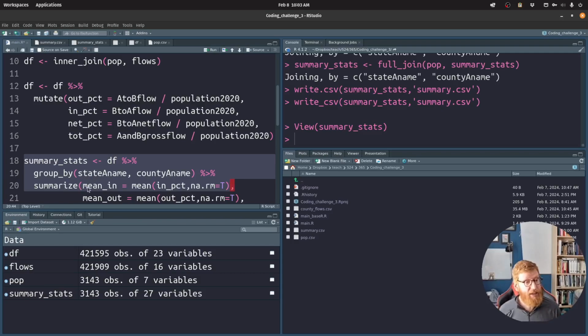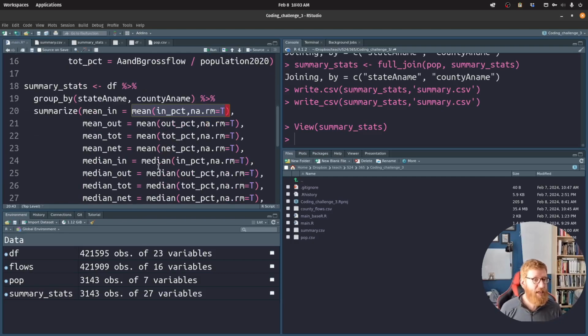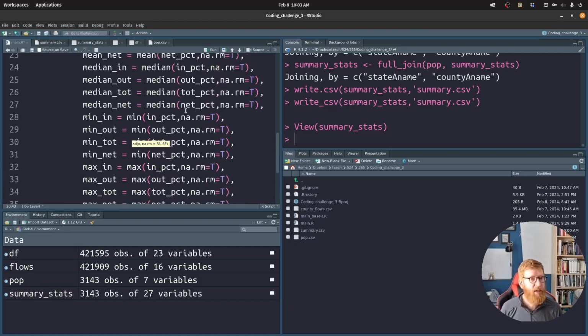And then summarize, where we create a variable in a new data frame with some name, in this case mean_in, to describe the mean in percentage for any particular county, which we calculate with some function. So the functions we're using are mean, median, min, max, and standard deviation. And we've got all these na.rm equals TRUE to throw away any missing data so that we don't get back NA values for any of these.